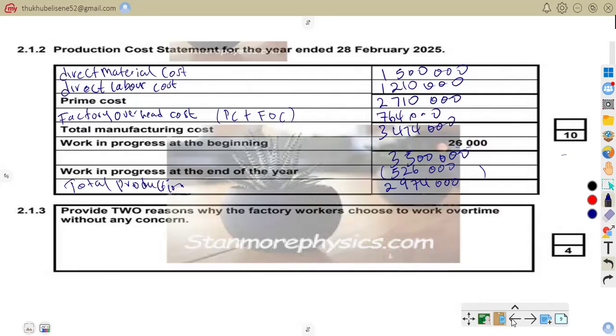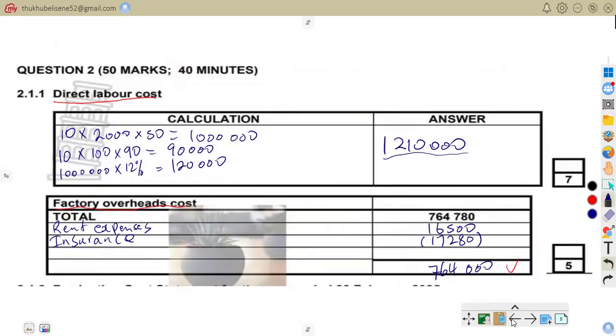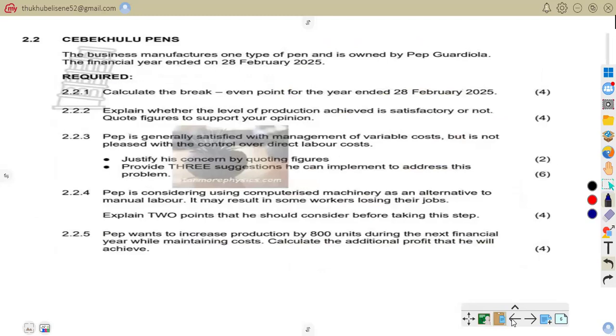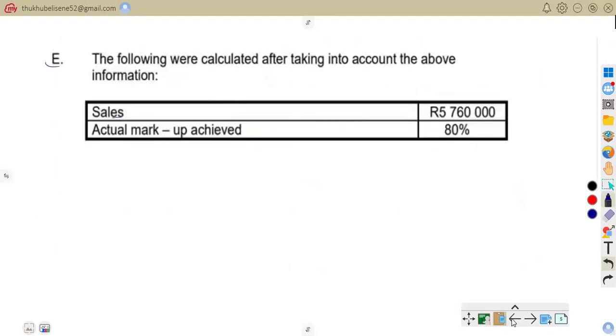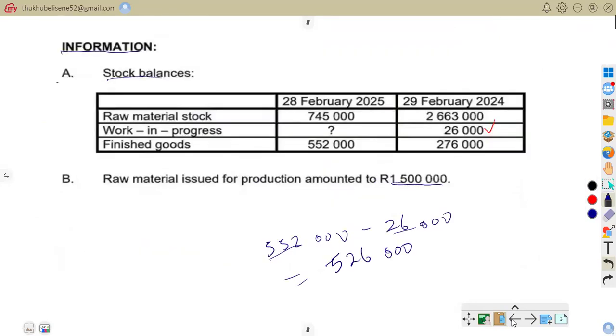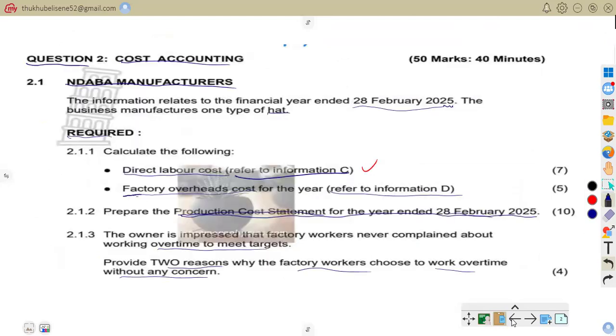So now let us go to another question, 2.13. It says the owner is impressed that the factory workers never complained about working overtime to meet targets.